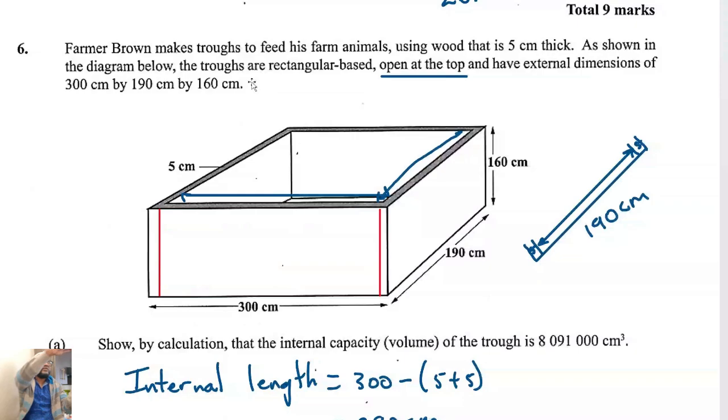So you have to minus the width of this thickness from the length of the cell phone case. It's not the same. Everybody see that? It's just like this because it has no lid. They say it has no lid, so there's nothing on top.